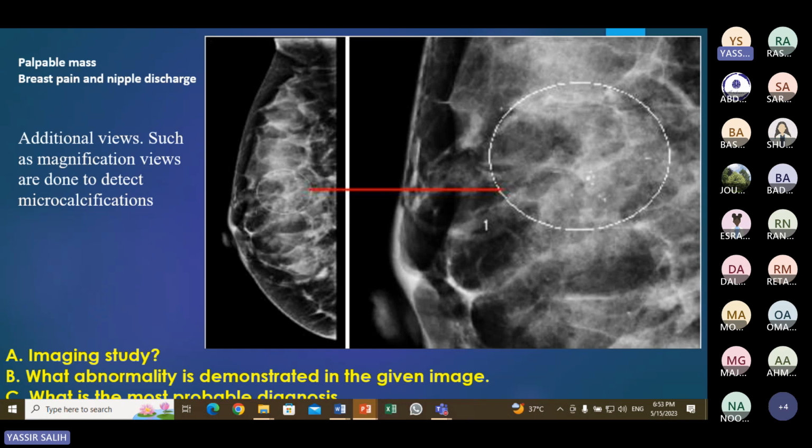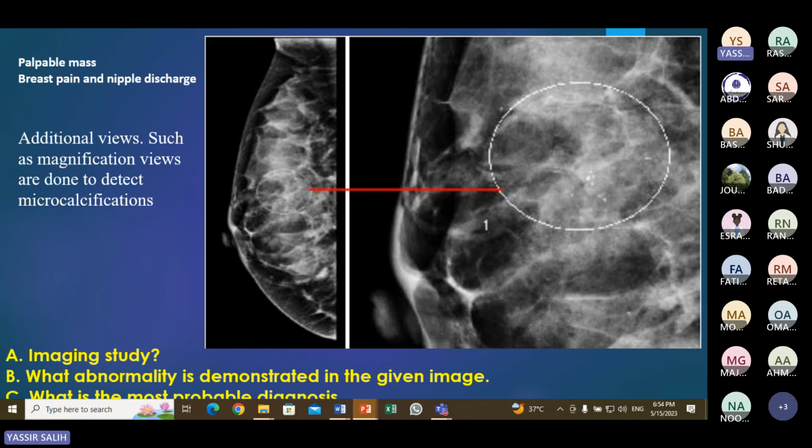It's X-ray. X-ray for which? For the breast. Patient presents with palpable mass. Mammogram. Yes, this is a mammogram or mammography. Although mammogram uses X-ray, this is called mammography. X-ray of the breast is called mammogram or mammography.